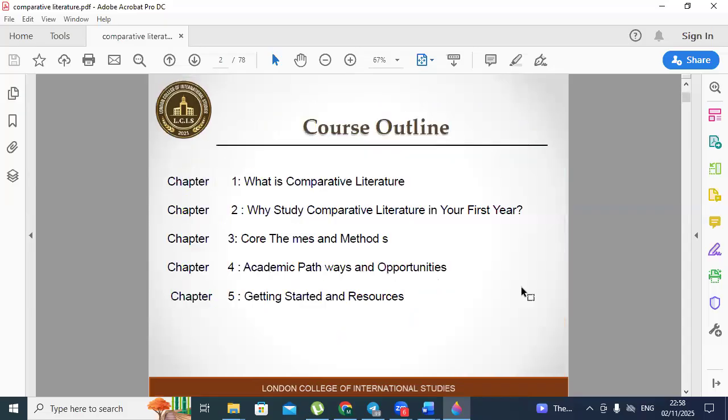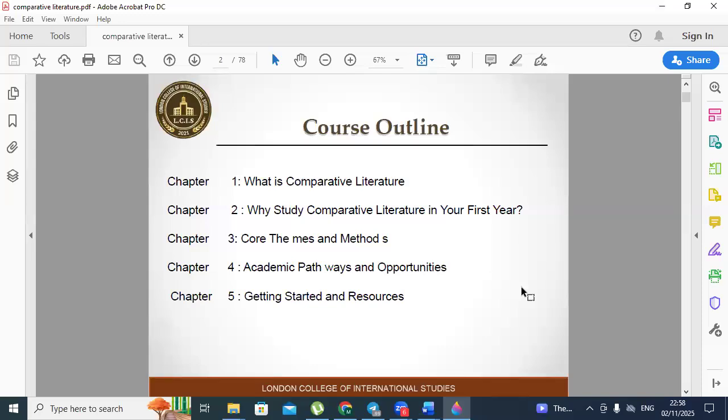So if we go to the course outline, let's think of it as a table of contents for our entire exploration. It doesn't just list topics, it structures the learning progression. We begin with the most fundamental question: what is it? Then we justify its relevance to you personally, and why study it.